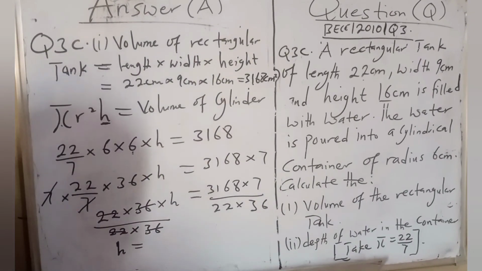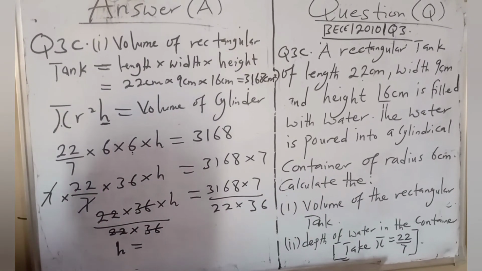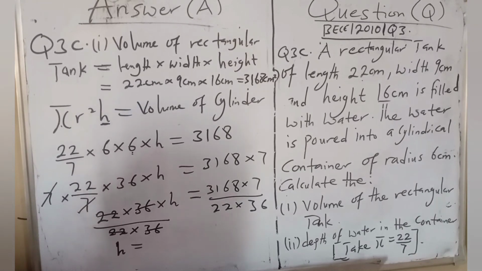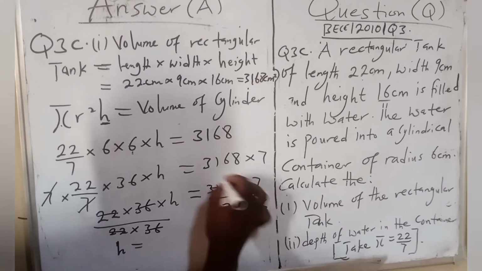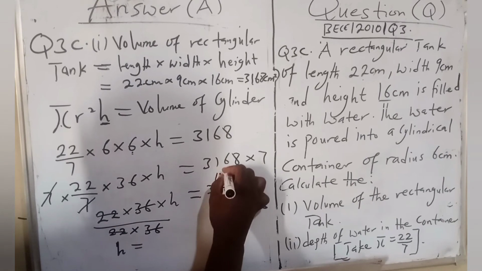So now let's try and break down the fraction. Now 22 can enter into 3,168 144 times. So 22 into itself, 1, 22 here, we have 144.